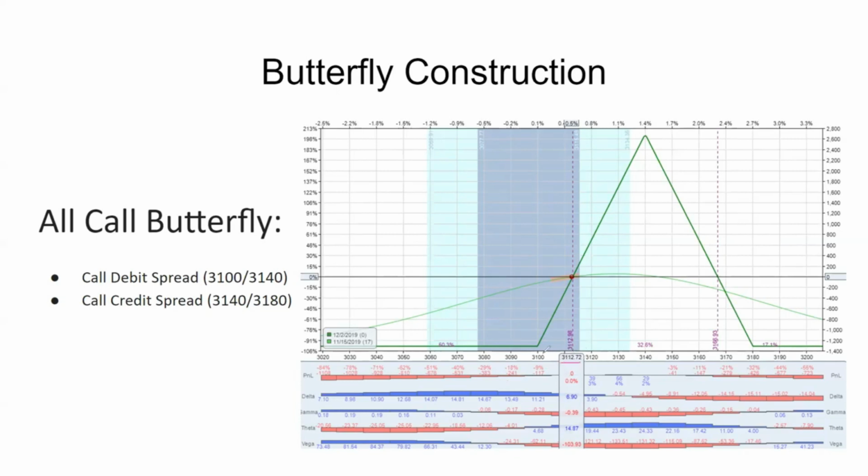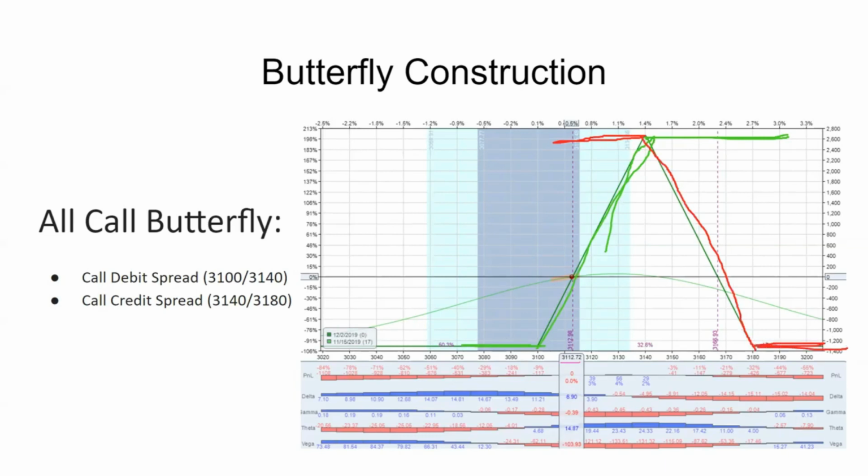And let's assume that we had a bullish outlook and we wanted to put on a bullish call butterfly. This butterfly is made of two spreads, which is 3100, 3140. This would be the first debit spread. Right? This is 3100, 3140. And then we have a call credit spread, which is 3140, 3180.